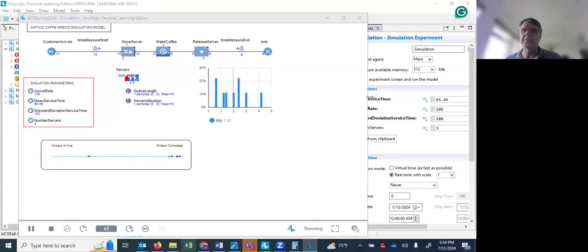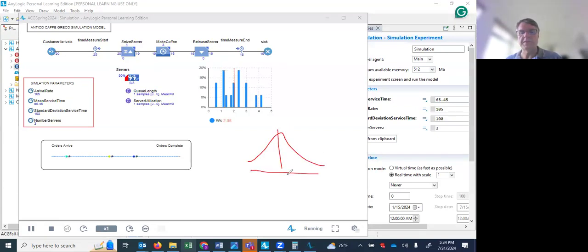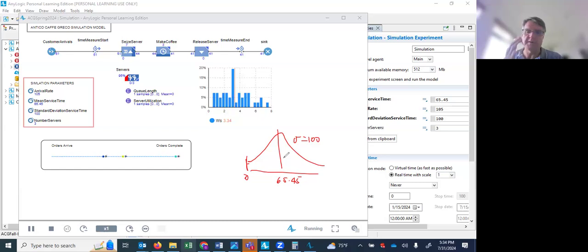We talked about this before, but I want to discuss it again. Your mean here is 65.45 seconds and your standard deviation is 100. So you're going to easily get numbers that are negative, but I am using a truncated normal. So this analysis is conservative because I'm not allowing service times to go negative. So just bear that in mind.